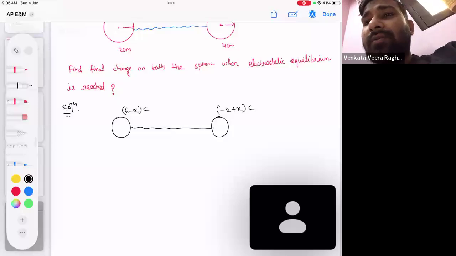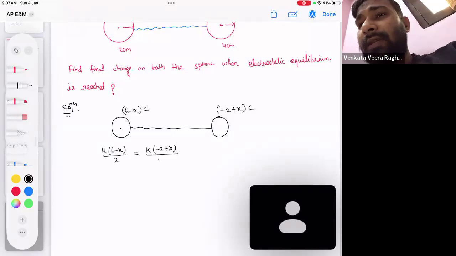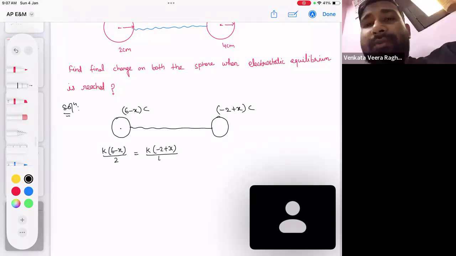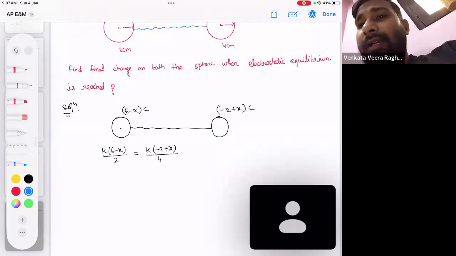Now, equilibrium has been reached, so potential should be equal: k into (6 minus x) by radius 2 should be equal to k into (minus 2 plus x) divided by the radius 4.